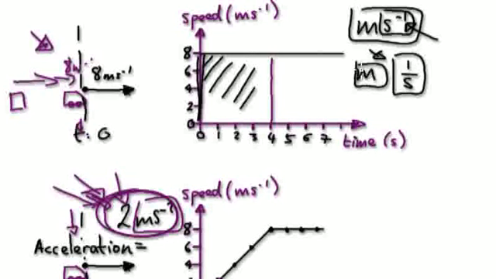Remember, speed is given as meters times 1 over second. And again, if you don't understand this bit, then watch one of the earlier videos on why the unit of speed is given by this.